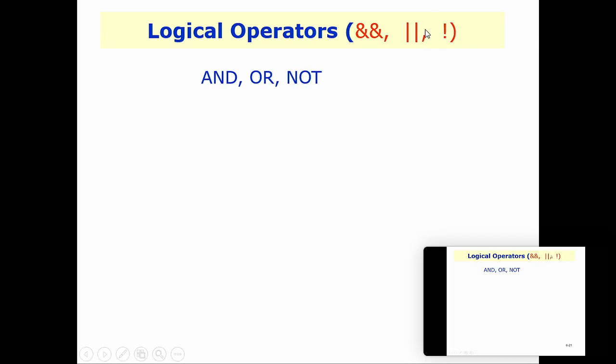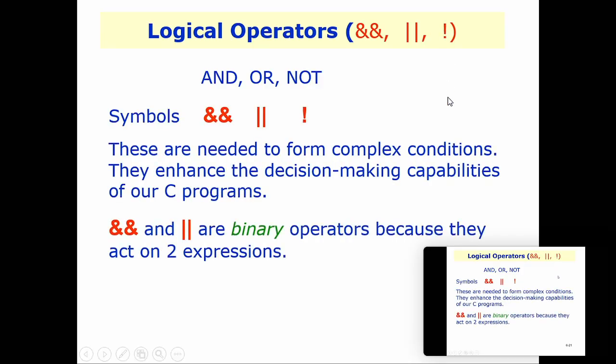If the input is 0, it is turned to 1. Okay, so this and or are binary operators. So there are two operands, and then it is located between them. Exclamation mark is unary. It requires only one expression.